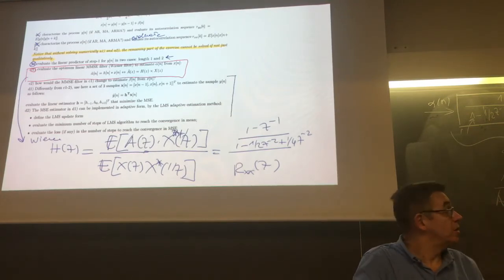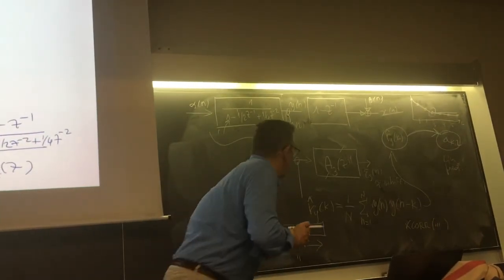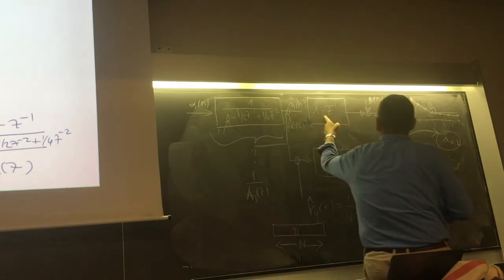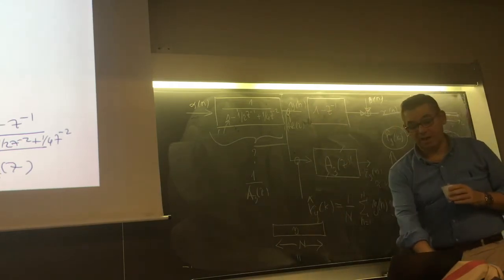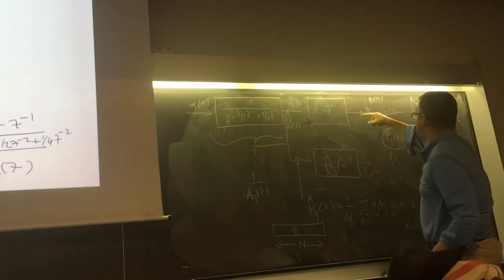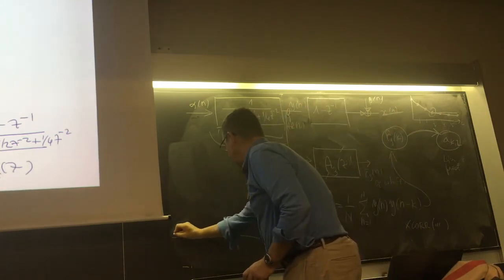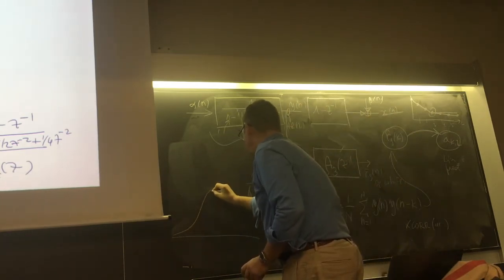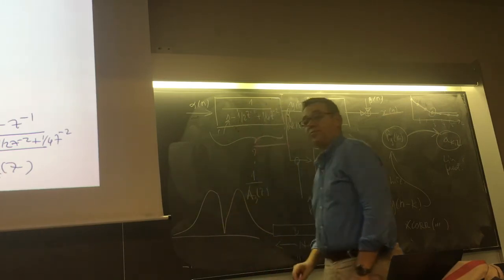So it might be possible that in this case, since the power spectral density here has a 0 in 0, the power spectral density of this guy is approximately like this: I have two resonances, a 0, one resonance, and then a 6.